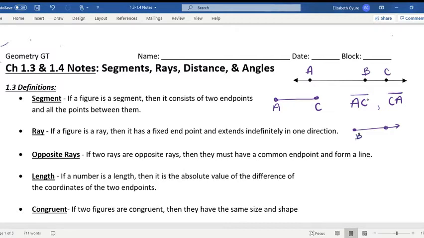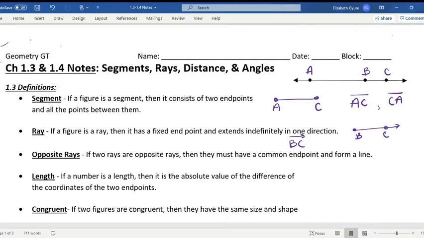So this would be ray BC, and how you would label that is you would put your BC with a single-sided arrow above it. The arrow above always goes to the right because the direction that we write this is important. This is ray BC, which means it starts at B and heads towards C.